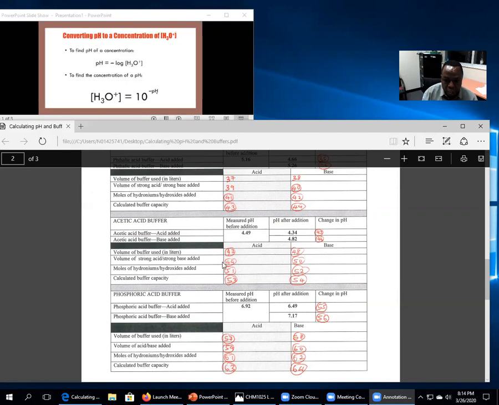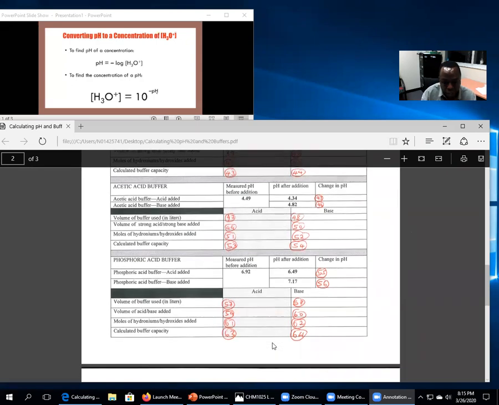We are still using the same hydroxide and same hydrochloric acid for 49 and 48, 50 and 52. I'll say see previous section here, 41, 42. I can say right here, it's the same thing. And you come down here, it's the same thing. Change in pH, change in pH.